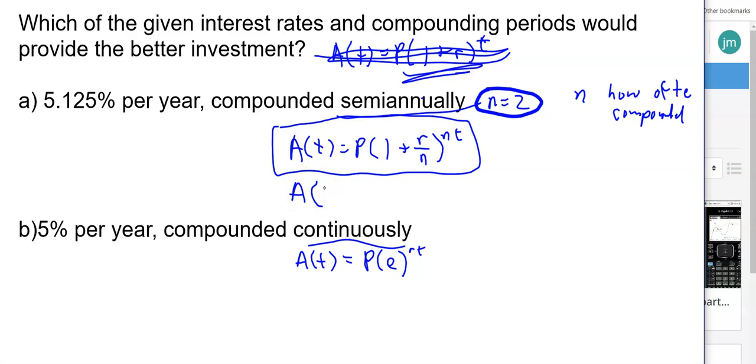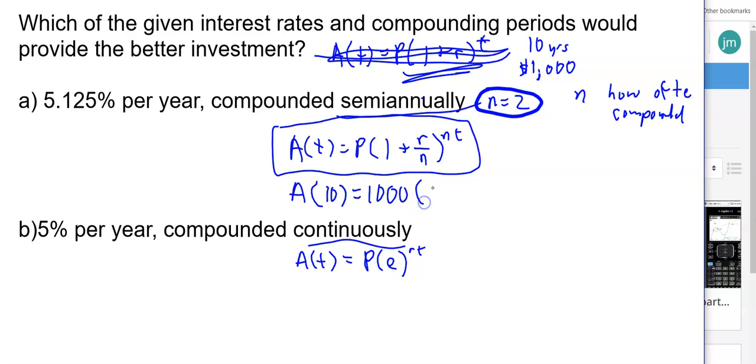So we need to figure out how many years. Let's say we have 10 years, and let's say we put $1,000 in. So $1,000 we invested. A of 10, A after 10 years, equals 1,000 for both problems.